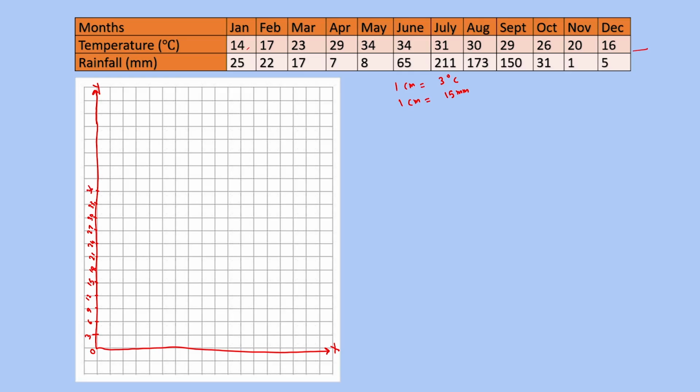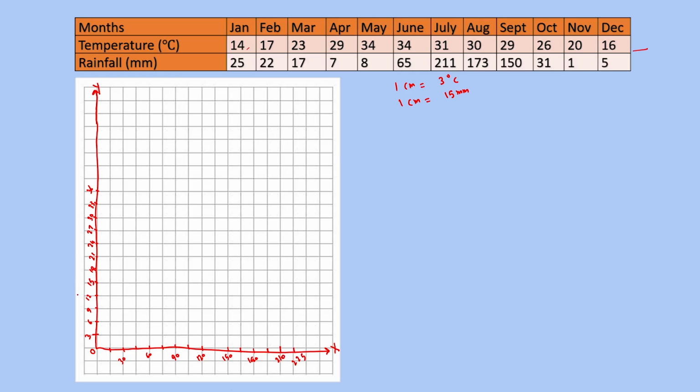We will do the same for rainfall: 15, 30, 45, 60, 75, 90, 105, 120, 135, 150, 165, 180, 195, 210, 225. So, we will label our axes.